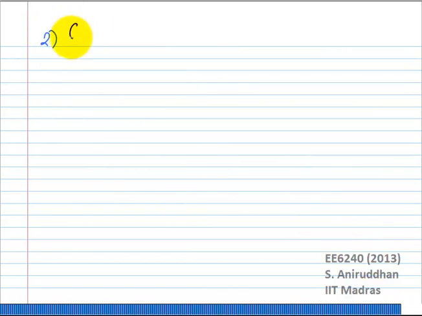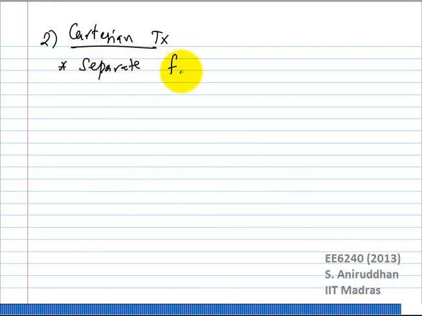So what else can you do for the Cartesian PX to separate the PA and the PLL? Okay, so we are specifically considering obviously one other way.